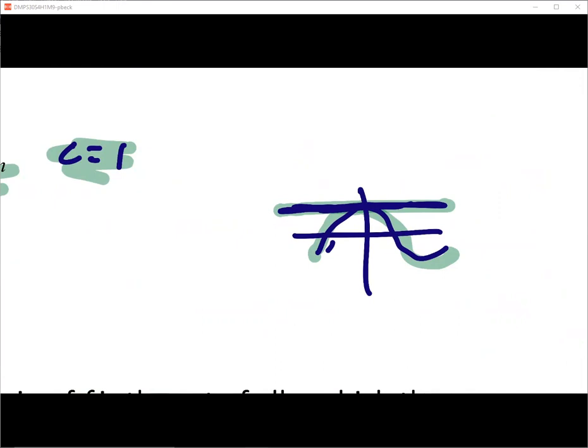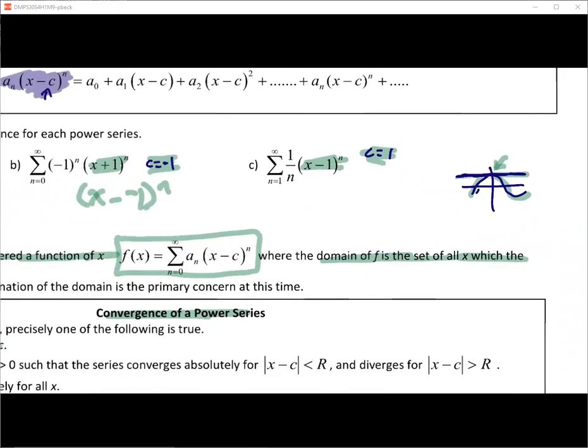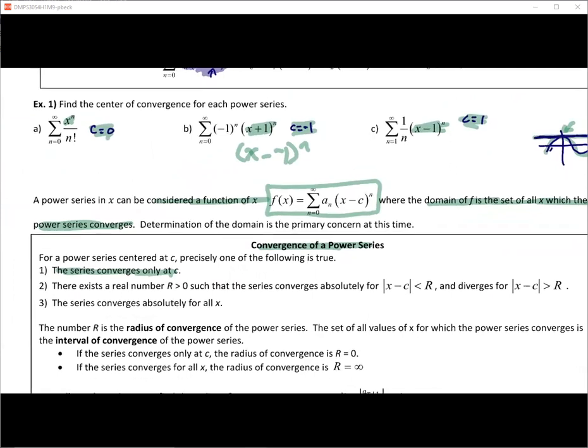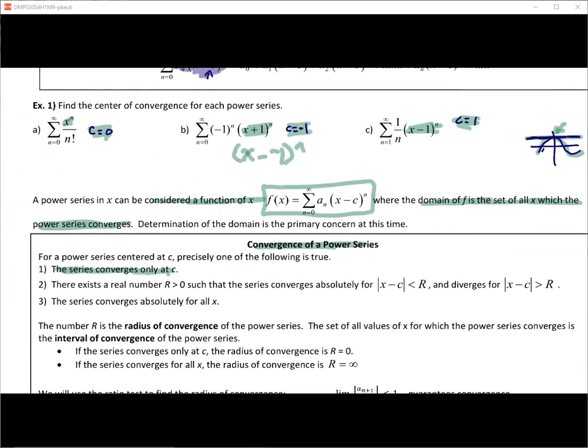We ended up building off of that to show convergence for a rather large area. But if we just had these two functions that we were comparing, they only converged at one spot, and that would be the point itself. When that happens, that's what we call having a radius of convergence of 0.